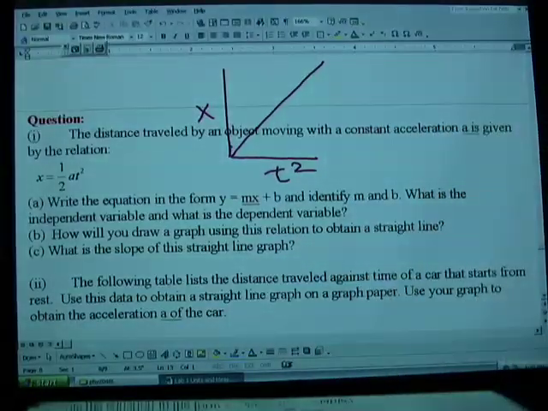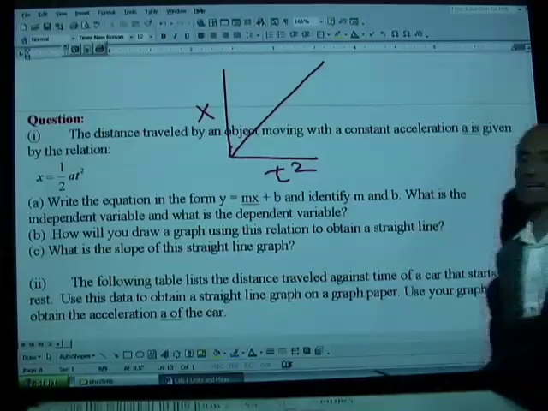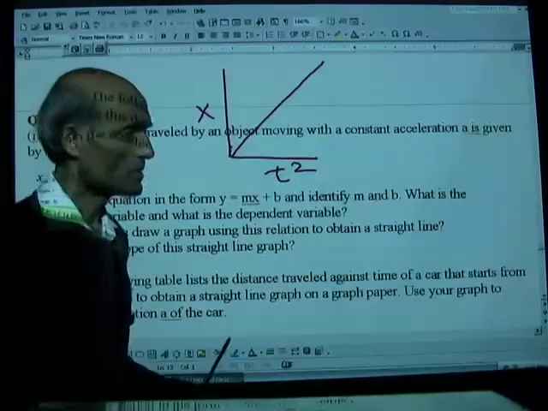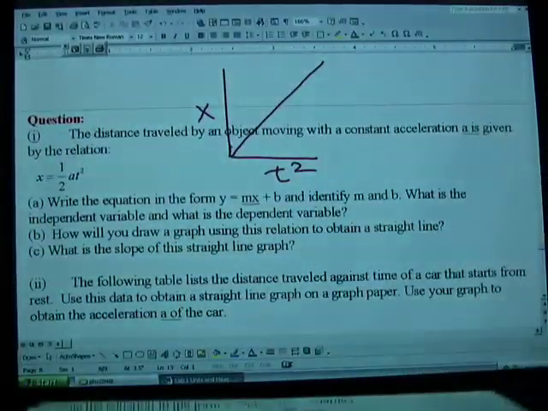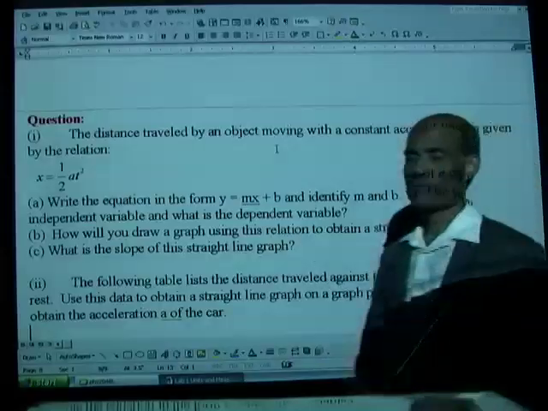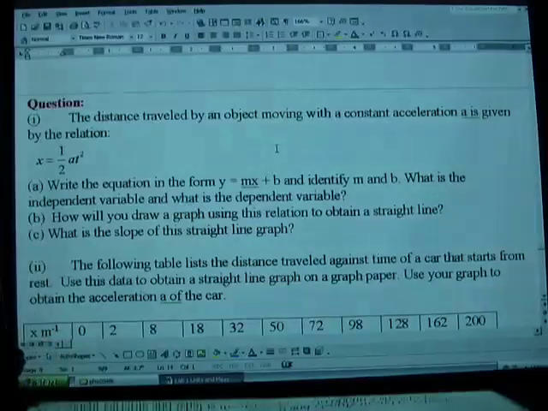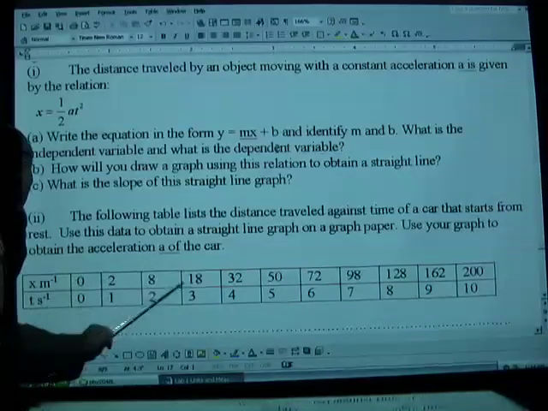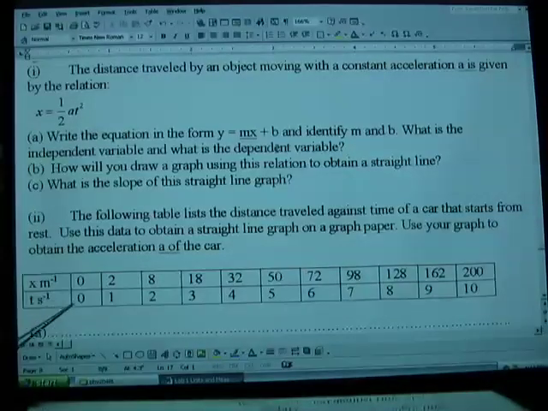Okay, in that case, I want you to do this exercise. And what is the exercise in here? Well, the exercise is, I have given you a situation where the values of x are given, the values of t are given.